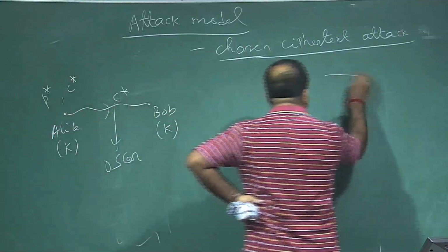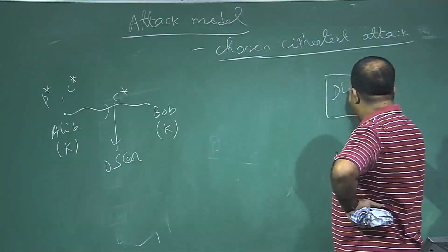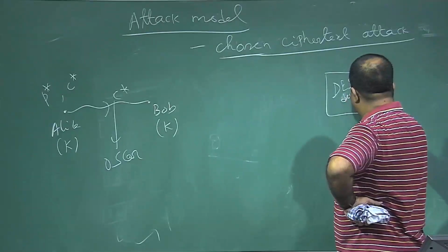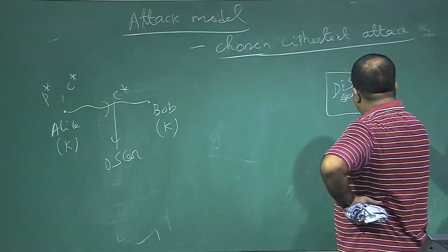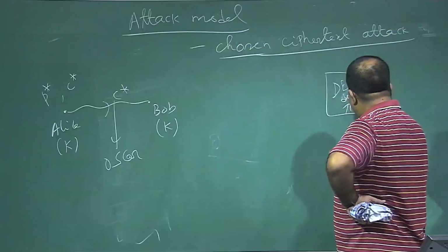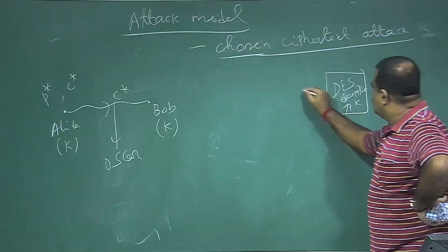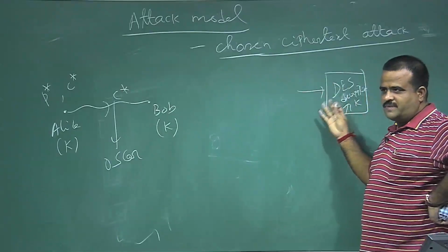Like this is a DES decryption function. The key is built in, and we are not revealing the key to the attacker.